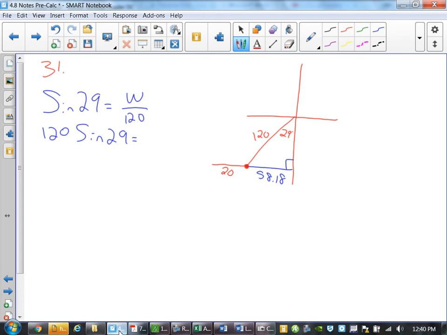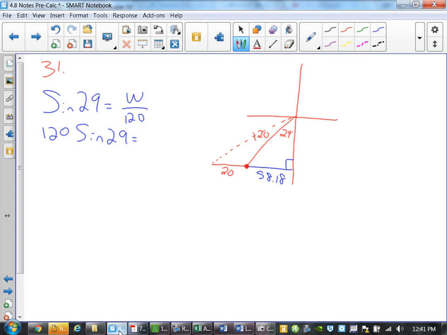Find the ship's bearing and distance from the port of departure at 7. So they need to find now the distance from port. Well, first of all, we got to figure out some angles.